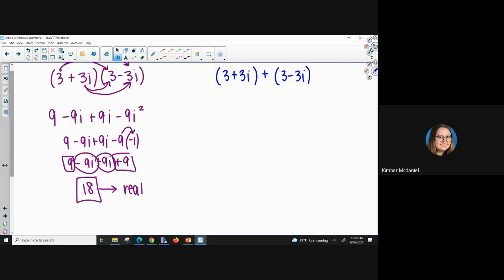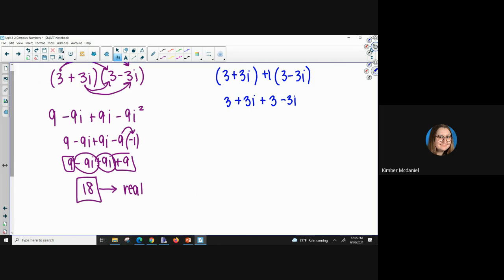I'm just going to drop these parentheses and bring down the 3 + 3i. Now, technically, this is a positive what? 1. If I distribute positive 1 to 3 - 3i, does that change anything about it? No. So I'm going to bring down + 3 - 3i.